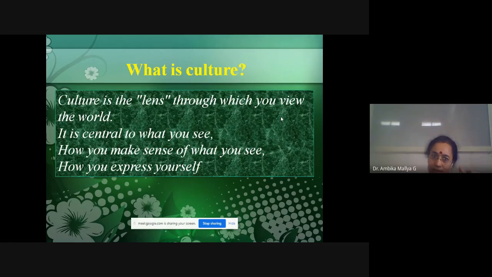We see the world through this lens, and it goes towards making sense of what we see and how we express ourselves in different permutations and combinations. Again, no two people from the same culture will have the same lens. Please understand this. It is a sum total of how you have been brought up.